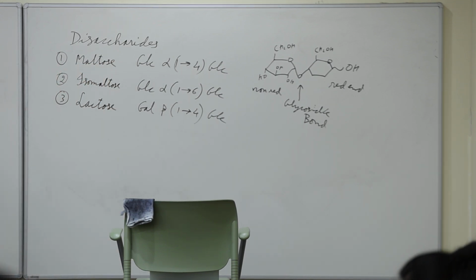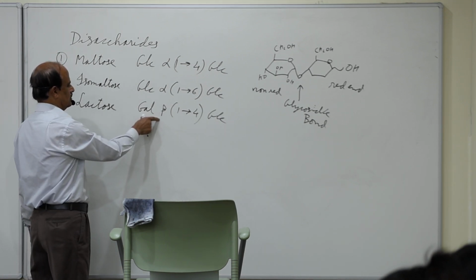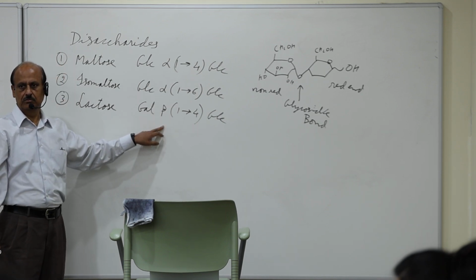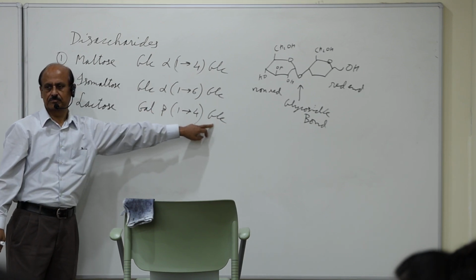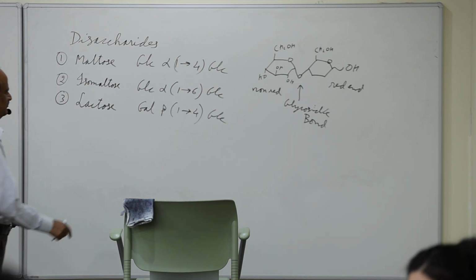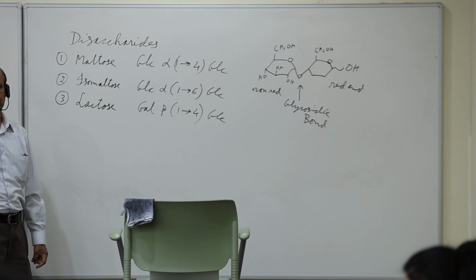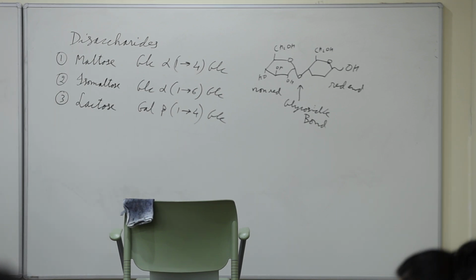Galactose beta 1,4 glucose, which once again means that this ring is always present as the beta structure, it doesn't open up to become the linear chain. This is the one that opens up to give you the linear chain, and then again the ring, and that gives you a mixture of alpha and beta. So this is the reducing end, this is the non-reducing end. So lactose, as you know, is milk sugar. It is a disaccharide of galactose and glucose.